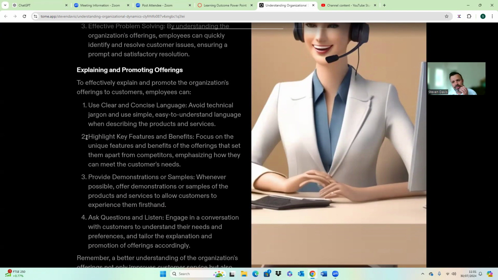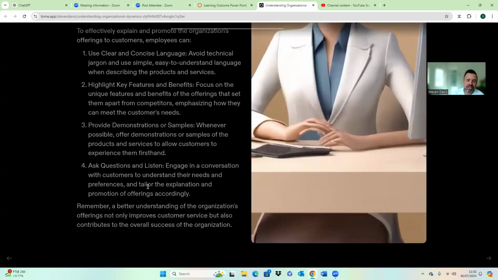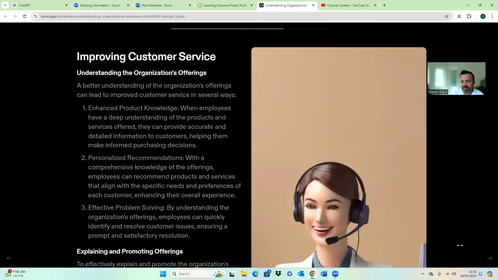So when you're talking to somebody, you should be able to say to them, what is it that makes us unique? What is it that makes us different? And that will then go back to those values and those core planning pieces. They should be able to demonstrate what we do, and they should show that they can ask and listen more effectively.